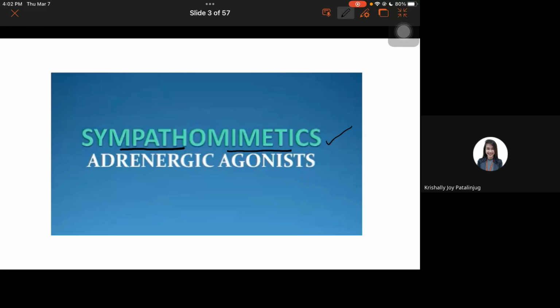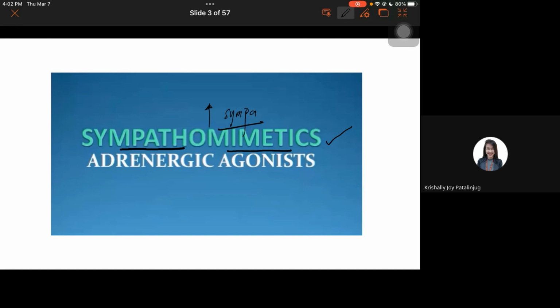Okay? So the drugs classified under this umbrella, being adrenergic agonists, will just imitate the effects of natural norepinephrine. Okay? So again, generally speaking, they enhance the sympathetic effect, the sympathetic outflow itself. Okay? That is why they are agonists.